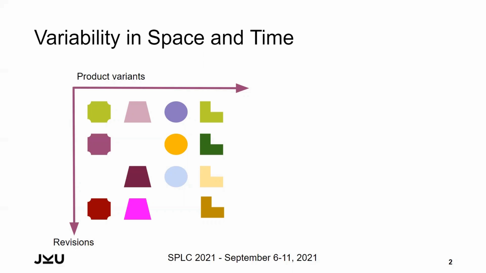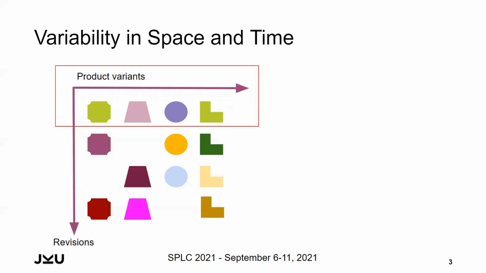Furthermore, the evolution in time results in variant revisions, which are sequential versions of a variant, containing different artifacts for the same configuration. That is a set of features. Variants of a system are composed of variable sets related to different features that realize the variability of the system.